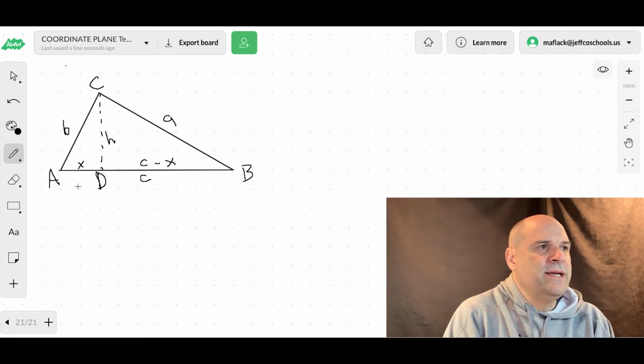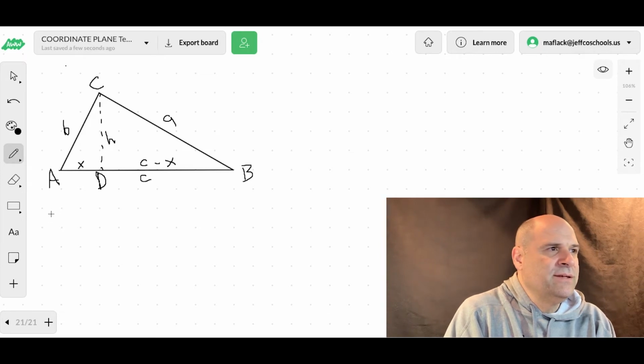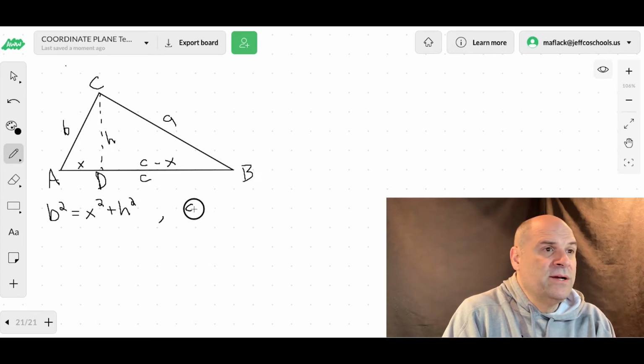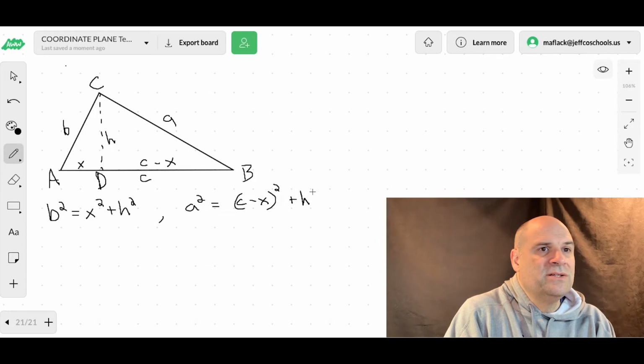So drawing this H divides this triangle into two right triangles, okay? So basically I could say b squared equals x squared plus h squared, and also a squared equals (c minus x) squared plus h squared.